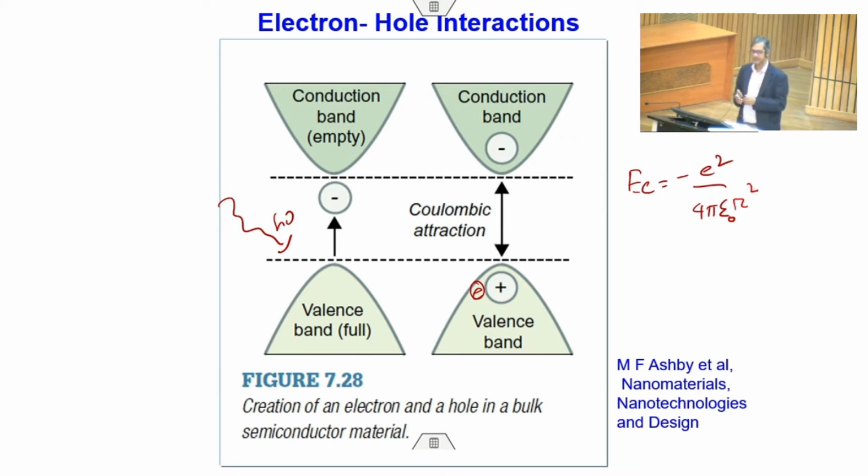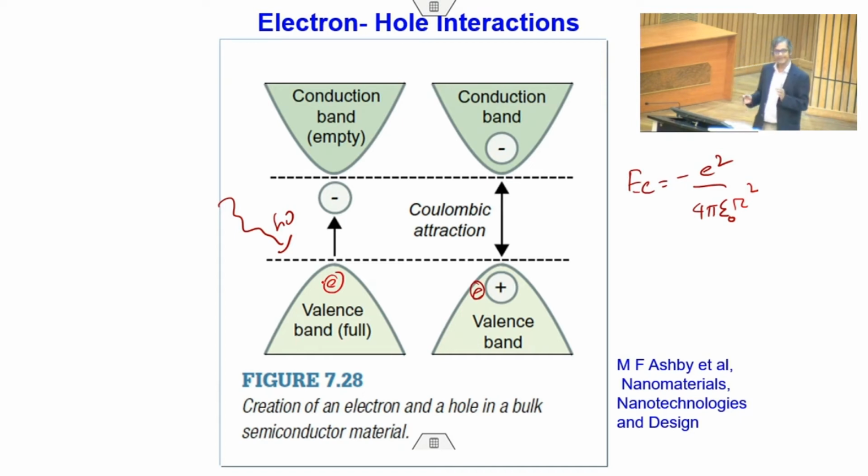What does it mean? Compared to the unbound electron and hole energy, the energy of this pair is much lower. So the electron at the valence band has a higher energy compared to this pair.